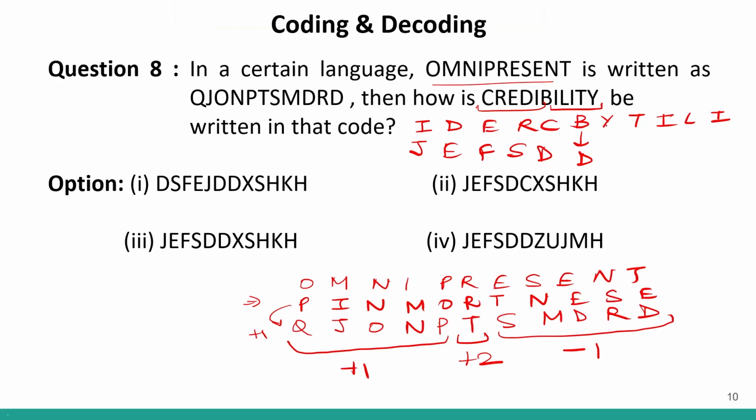So -1 from Y will be X, then S, H, K, and H. So this will be my code, which is JEFSDDXSHKH. And this is given in which option? This is given in option number 3. So option number 3 will be the correct answer to this question.